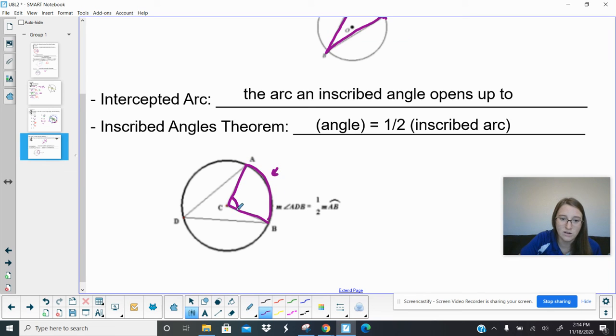When it's an inscribed angle coming all the way over, the angle is half of the arc. Think about it like a slingshot: as I pull that slingshot back, I'm getting tighter and tighter on that angle. So again, the angle is half of the arc. We're going to work on that in class a bit more though.